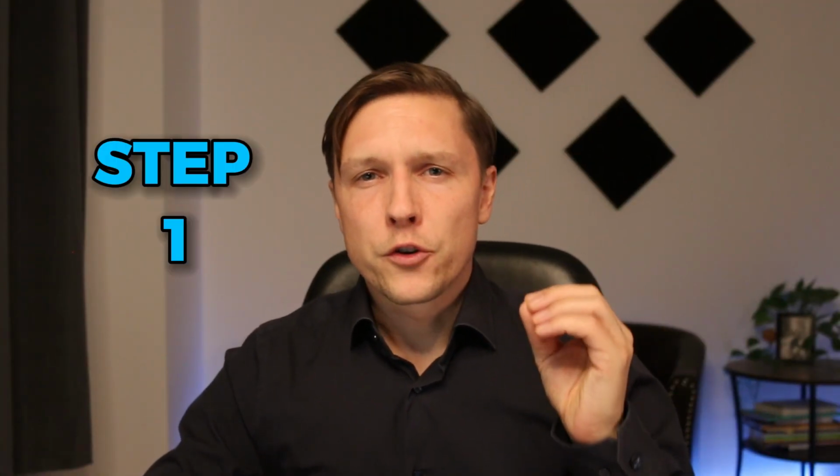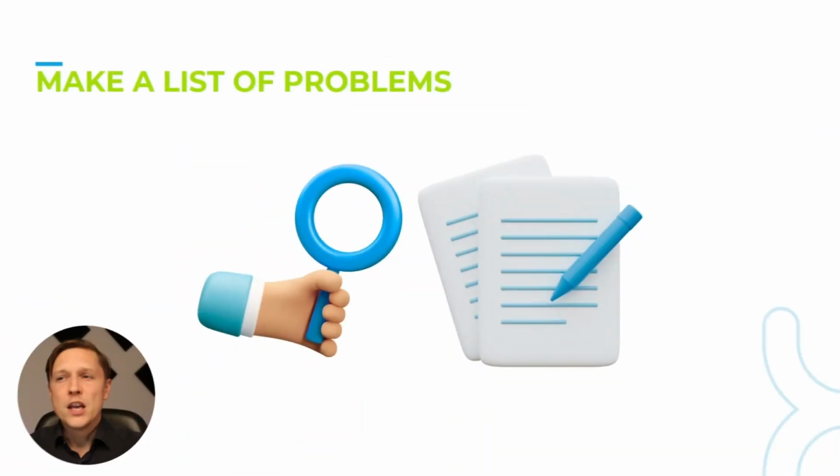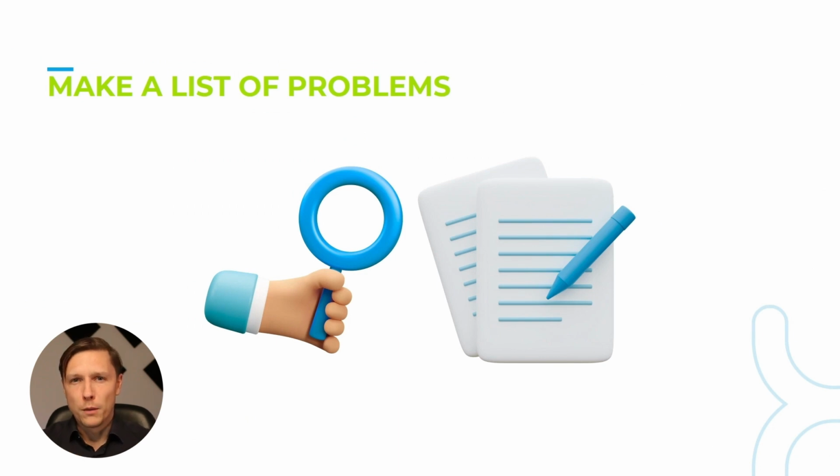So what you want to do, step one, to create the perfect lead magnet for your future customers, is you make a list of problems your customers could have. If you're providing a service, for example, and you have a standard product, for example, for my marketing agency, I have a product that is just video marketing for social media.